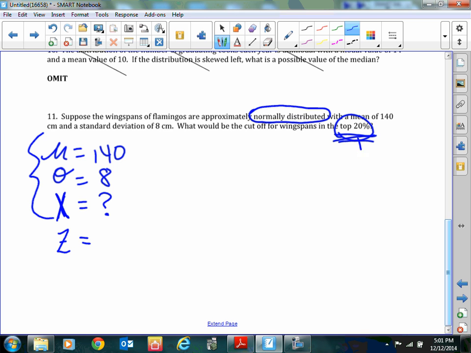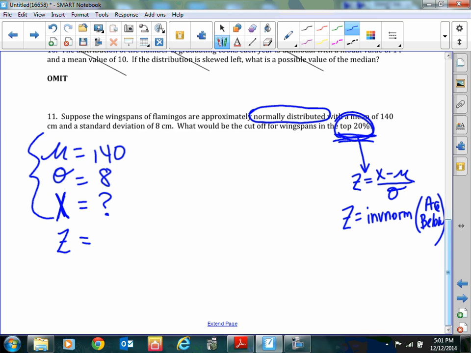Remember that in order to get a z-score, you can do x minus the mean over the standard deviation, or you can do inverse norm of the area below. If we look at the top 20%, the area below is going to be 80%.